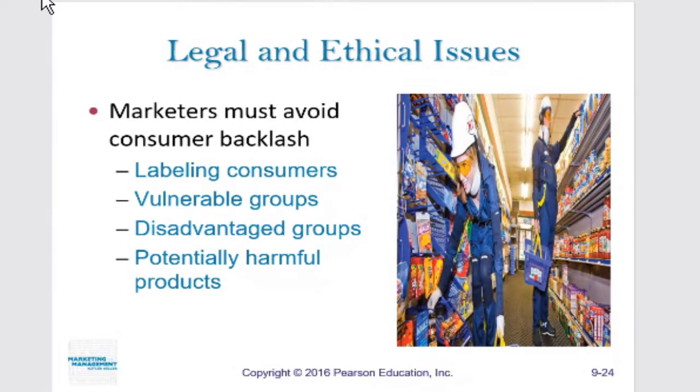Now, you must see that certain singles may reject single-serve food packaging simply because they don't want to be reminded that they are eating alone, or elder consumers don't want to be reminded of their age, such as a product labeled as being for old people.